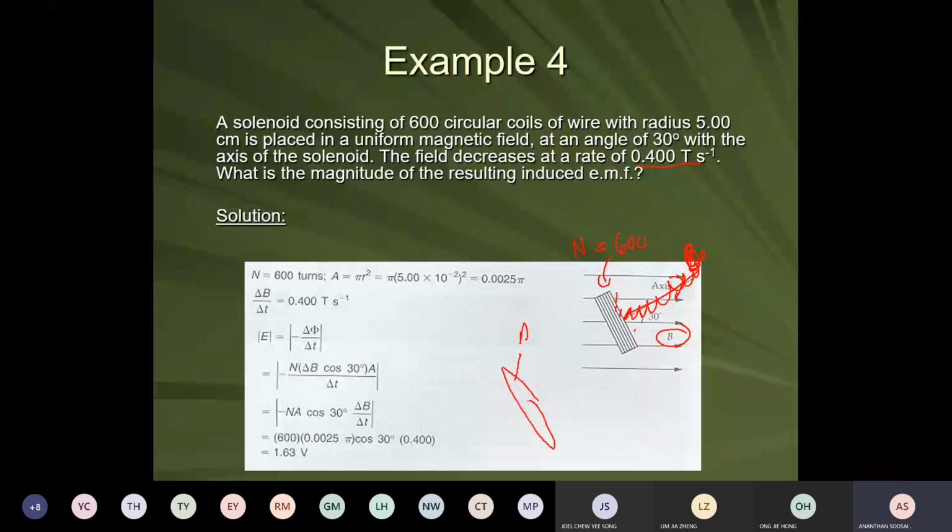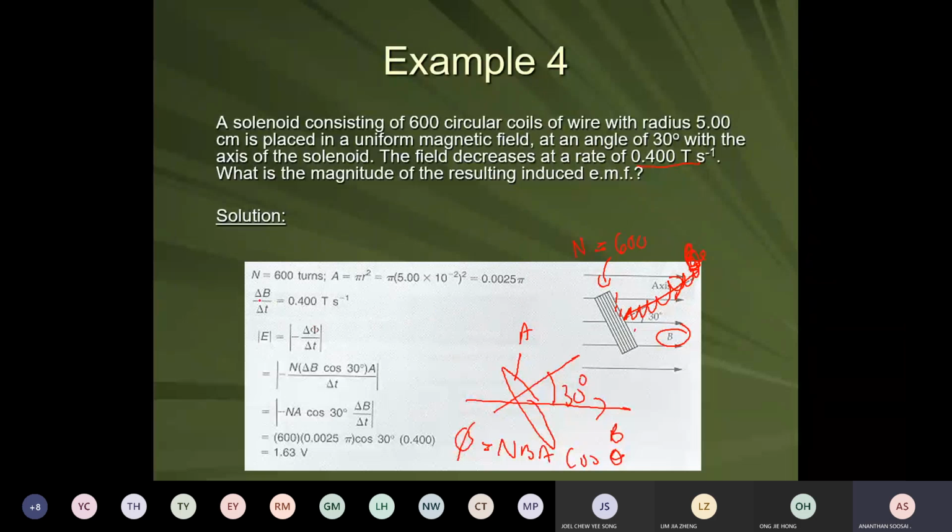The coil is horizontal and it makes 30 degrees. First, of course, the formula you must use is NBA cos theta for the flux. N is 600, B is the field strength, and A cos theta.